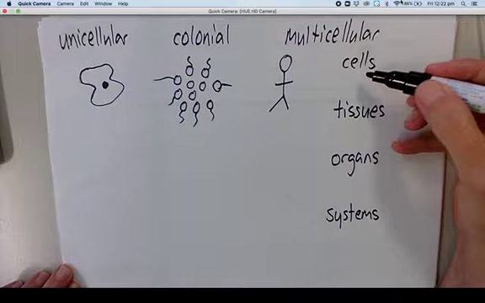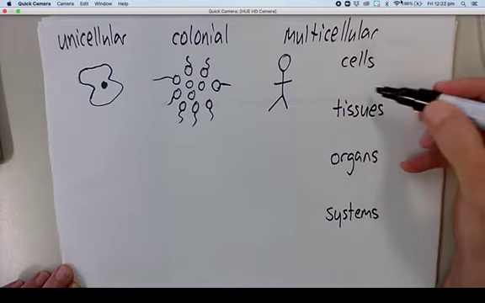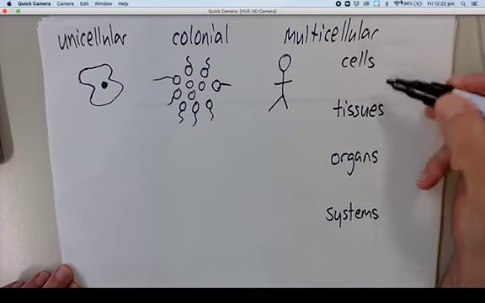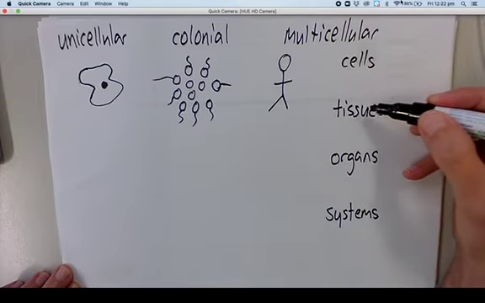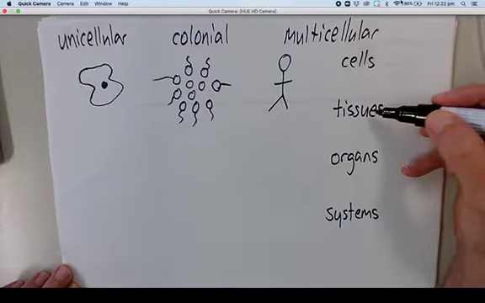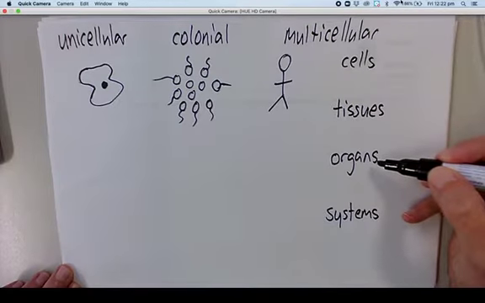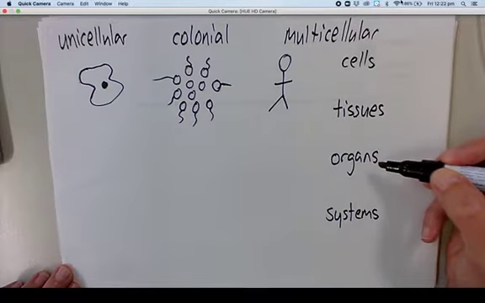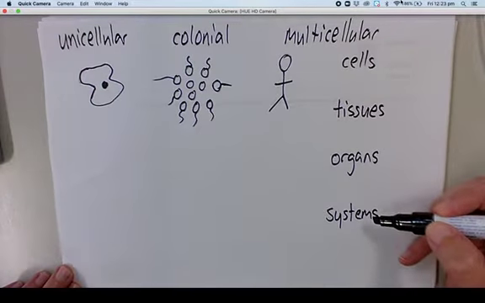And our cells are different cells combined together to form different types of tissues. So our muscle tissues are all made up of muscle cells, and they might be smooth muscle cells, for example. Those tissues are then organised into organs, like your heart, like your kidney, like your skin even, and then those organs are organised into systems.